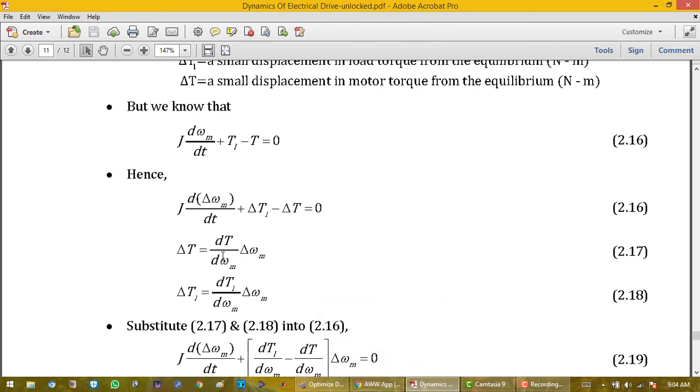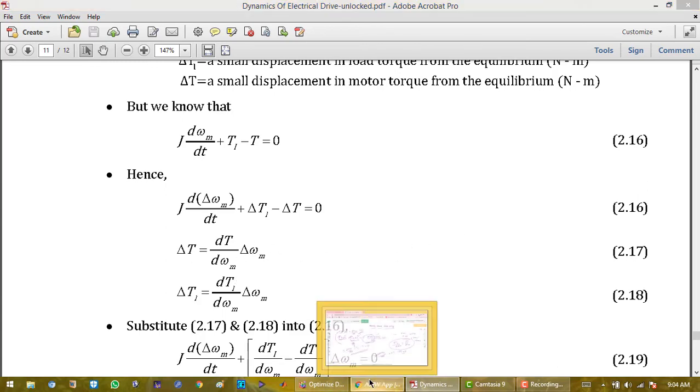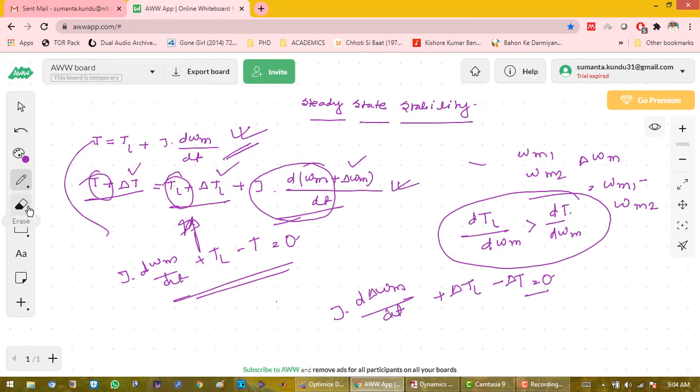So slope must be this dT/dω_m and dT_L/dω_m. This is my slope m.